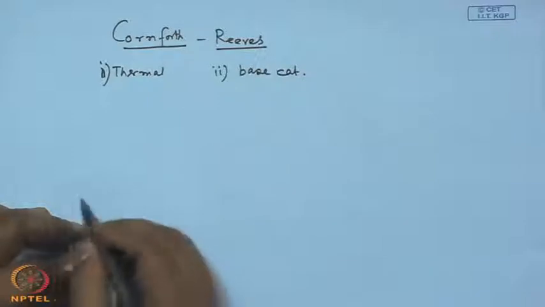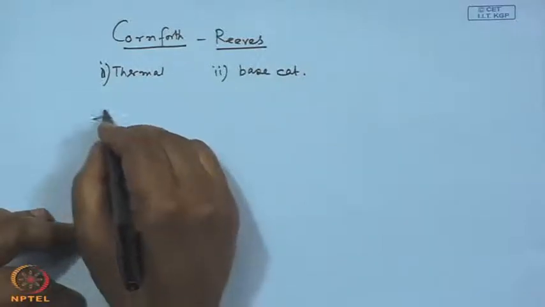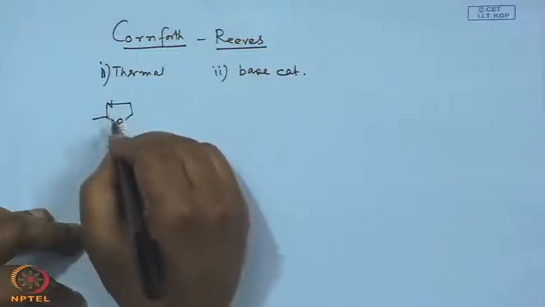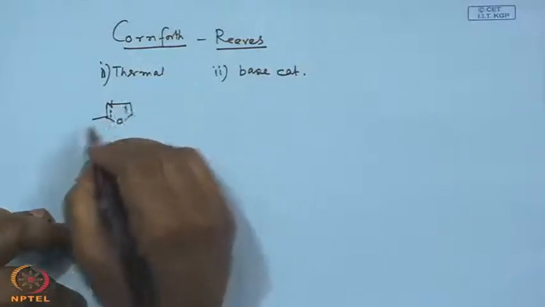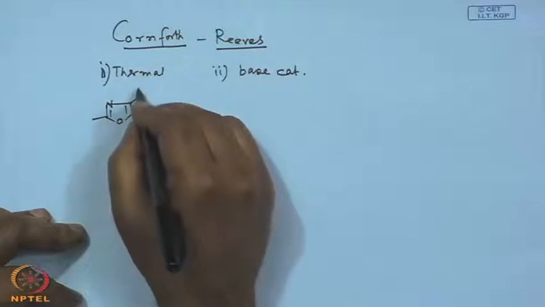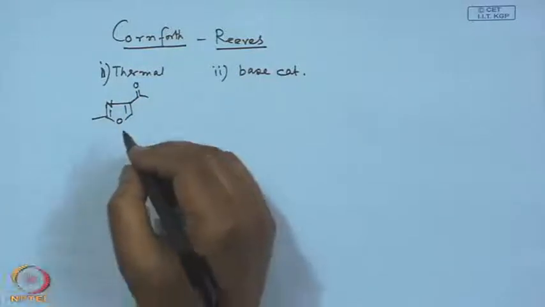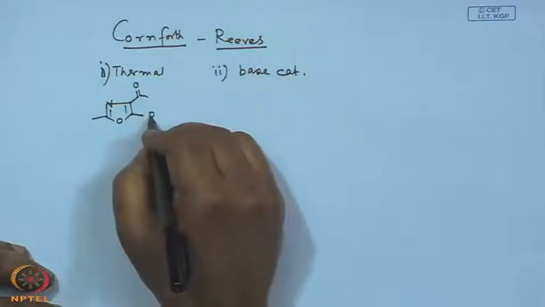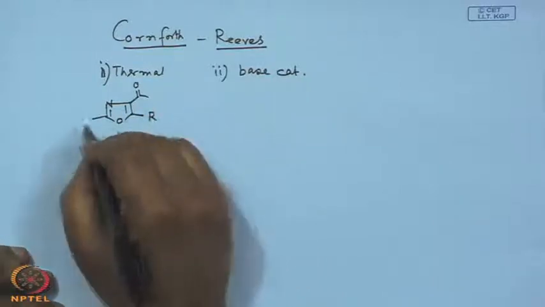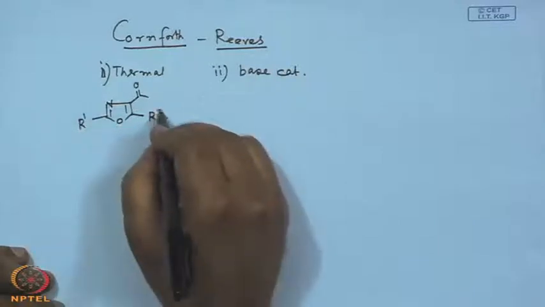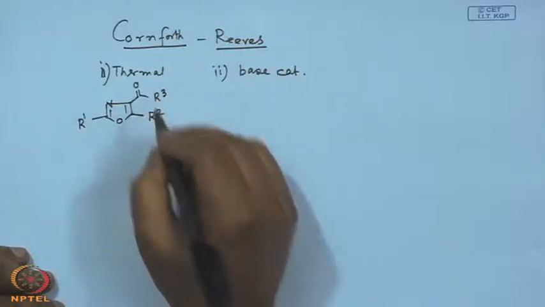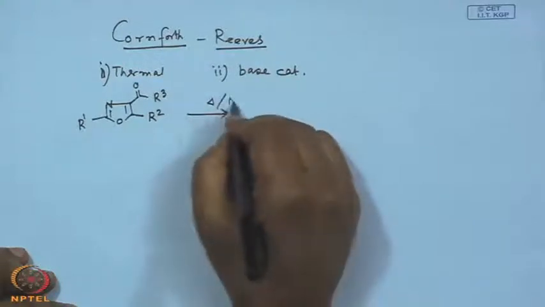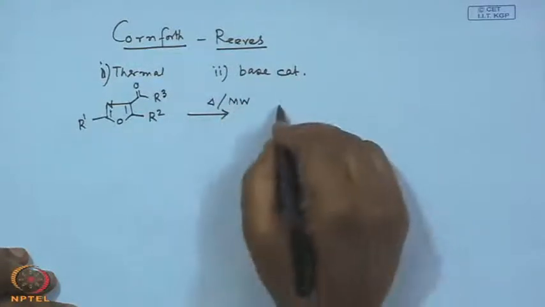The thermal one again involves only the oxazoles, with substituents at the 4 and 5 positions. Let us say it is R1, R2 and R3, you see here just heat, or even MW.